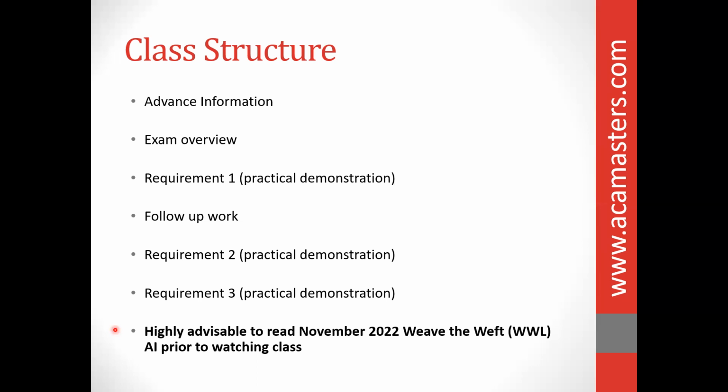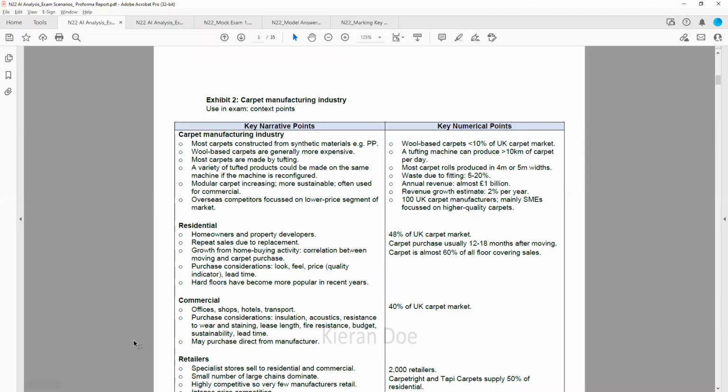So prior to watching this class, because I'll be using the November 2022 case study, it's beneficial to have read the AI document. So the full AI document is available on the ICAEW website. So you'll need to get that from there.